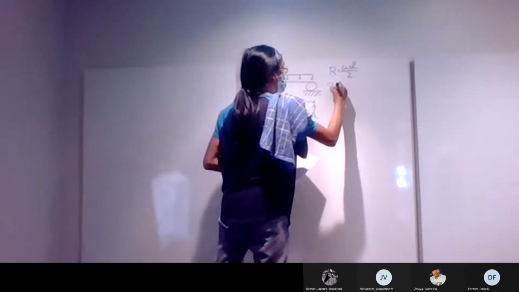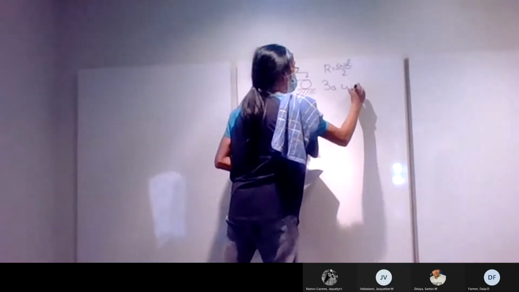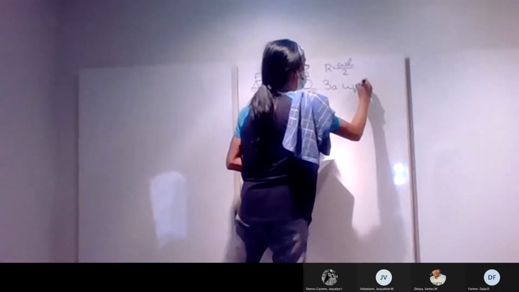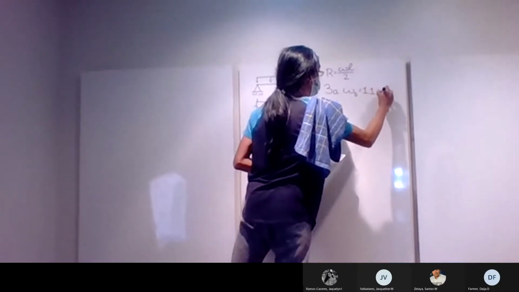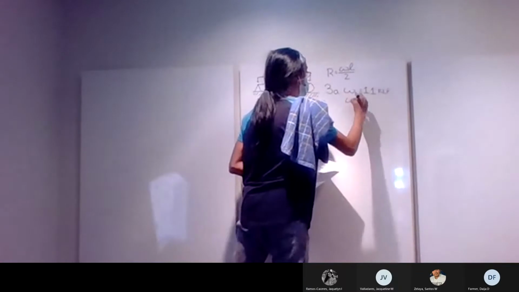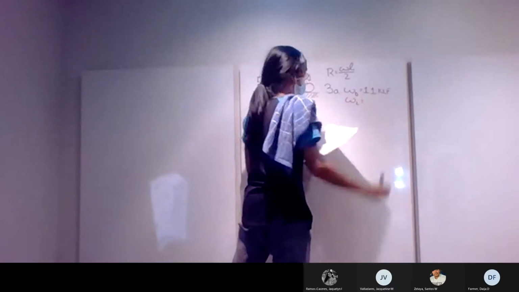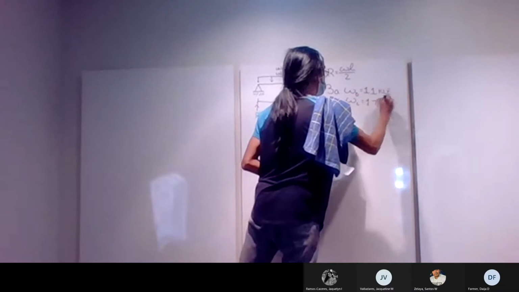So 3A, we have the dead load is equal to 1.1 KLF. And we have the live load is equal to 1.7 KLF.